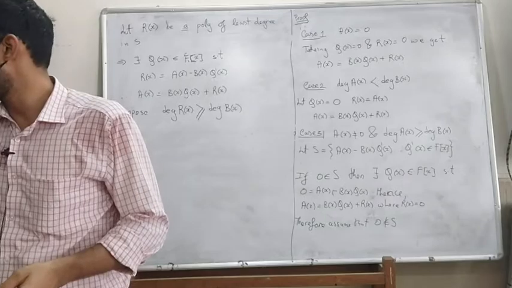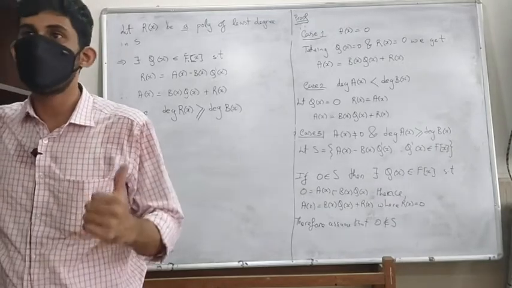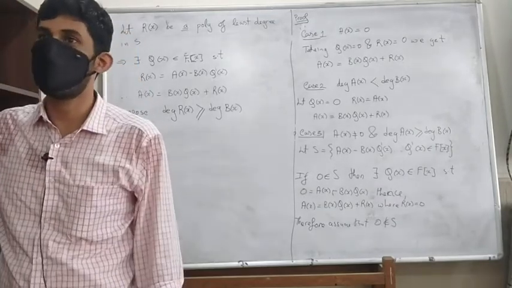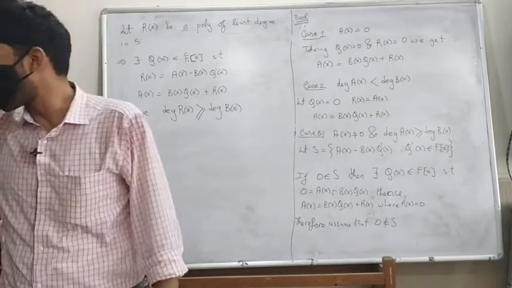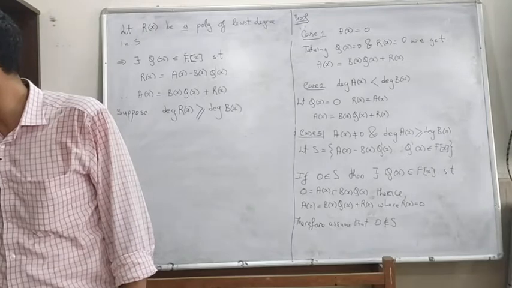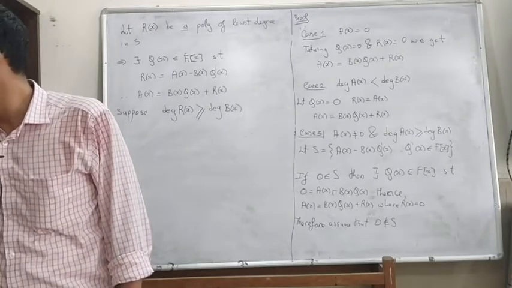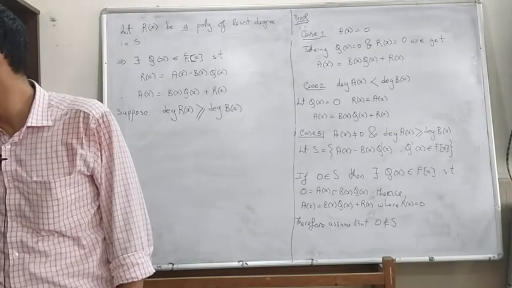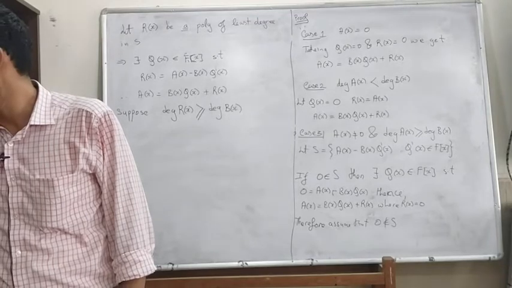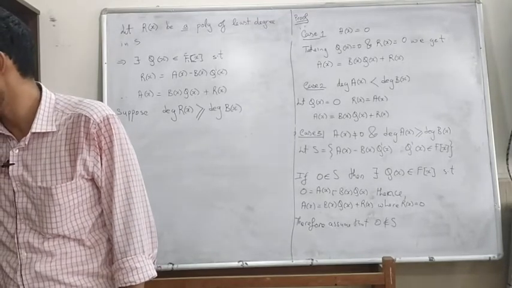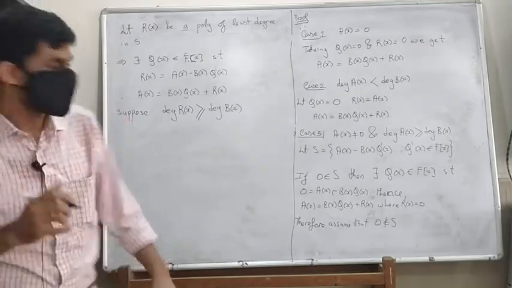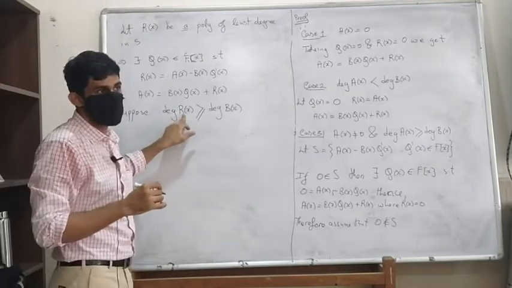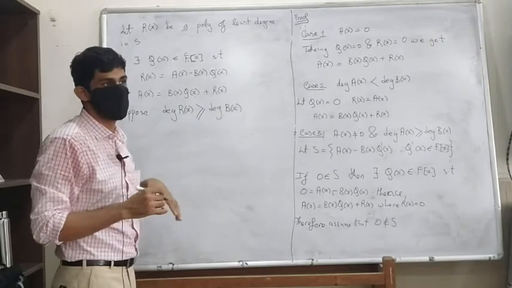We are now going to utilize the previous exercise. Let us say that the degree of R of x is u and the degree of b of x is v.